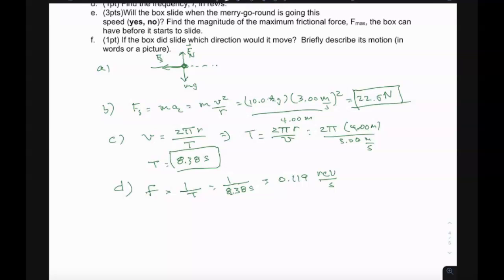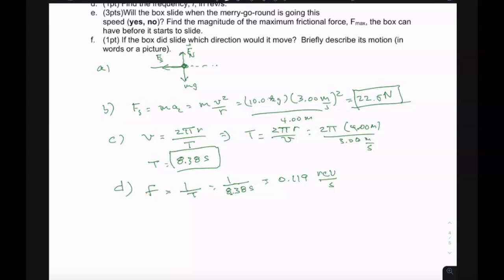And this will tell us whether it's going to slide or not, because we know right now that the friction force that's being exerted is 22.5 newtons. As long as this force is less than the maximum static friction force, then it will not slide.